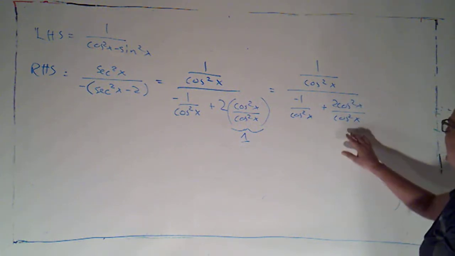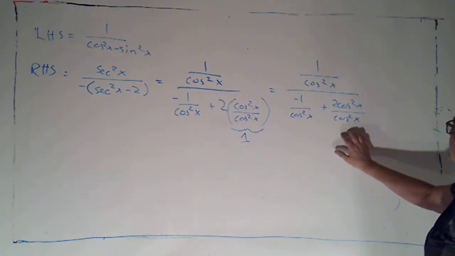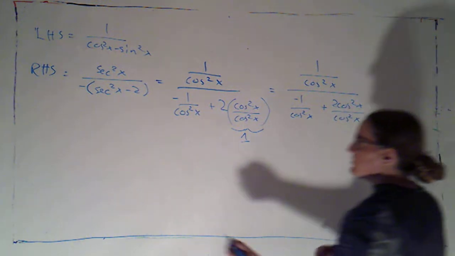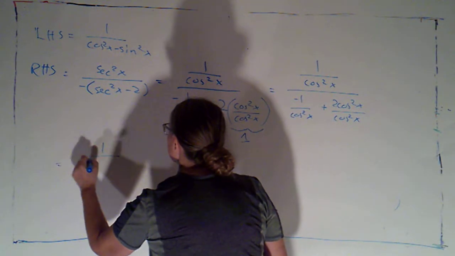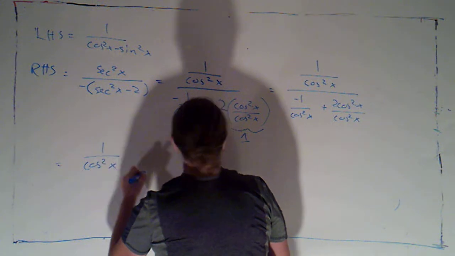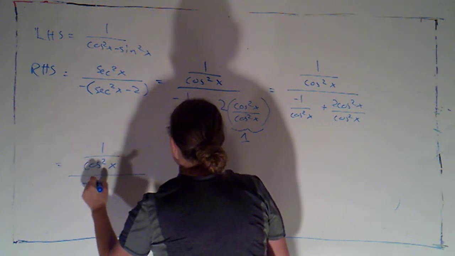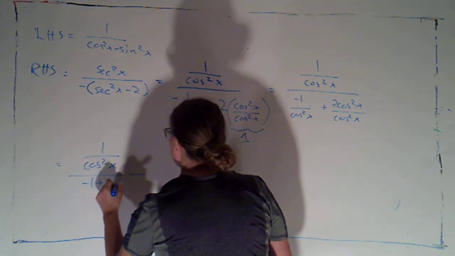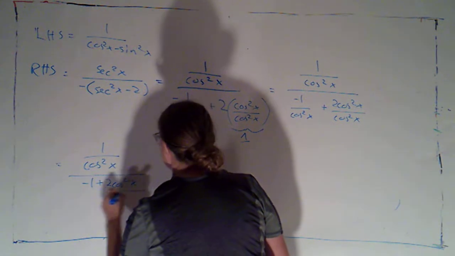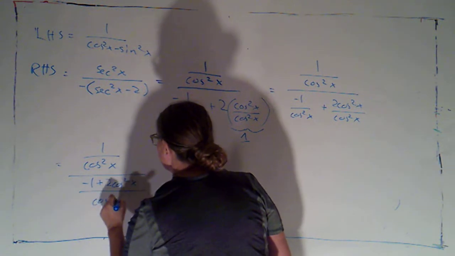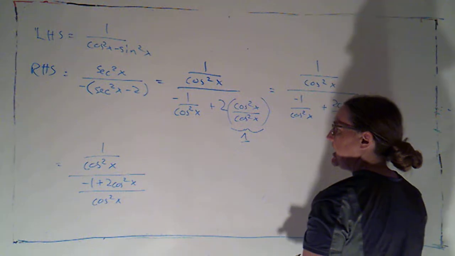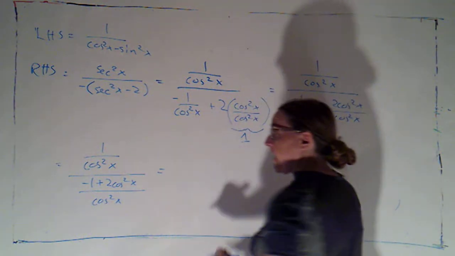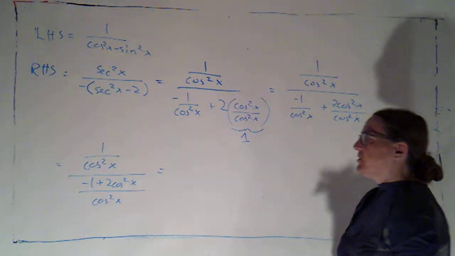Okay. All right, so let's see. I can combine that into a single fraction. So this is 1 over cosine squared x all over negative 1 plus 2 cosine squared x over cosine squared x. Okay. Now, if I'm dividing by a fraction, I can just flip and multiply.